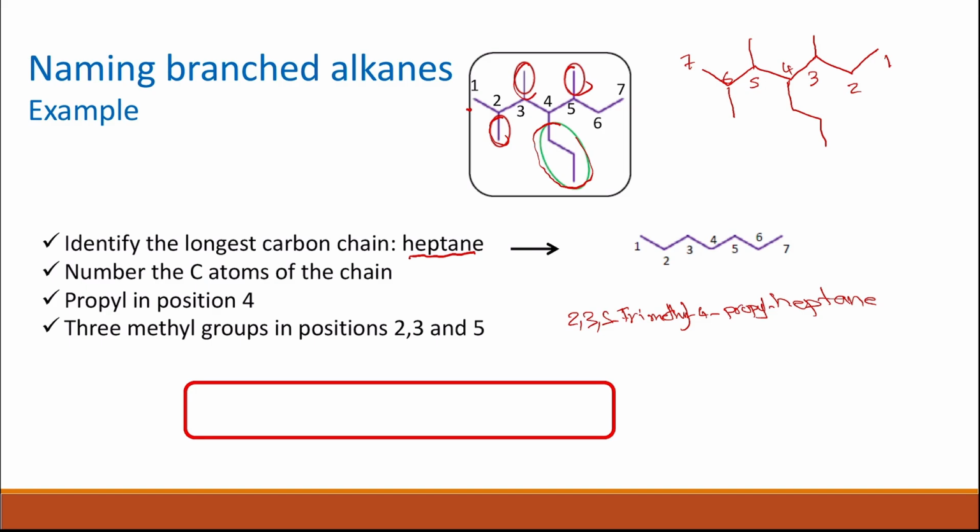The methyl comes before the propyl, because M comes before P, so we write the trimethyl before the propyl. We ignore any prefix that refers to the number of substituents and just look at the original name of the substituent, which is methyl. So it's 2,3,5-trimethyl-4-propylheptane. So that is the name.